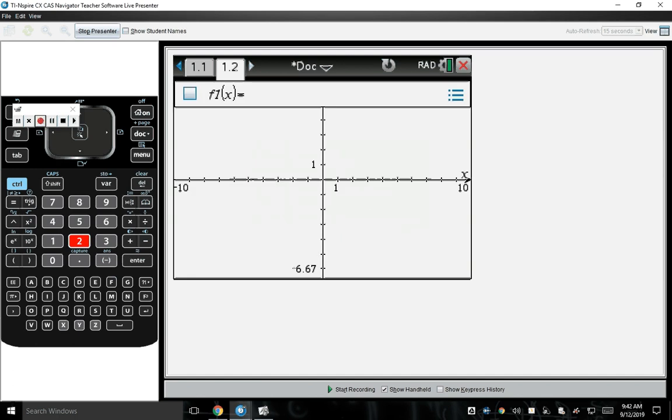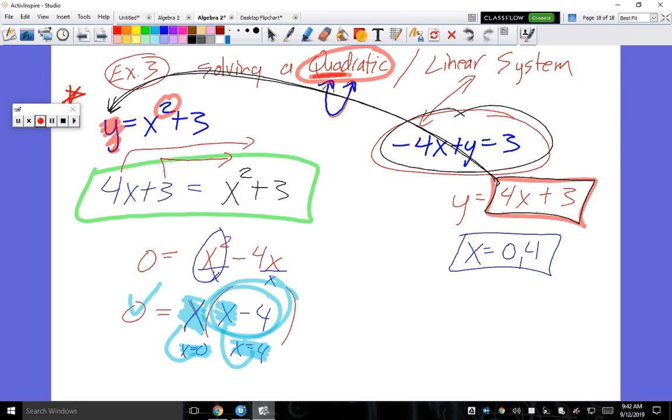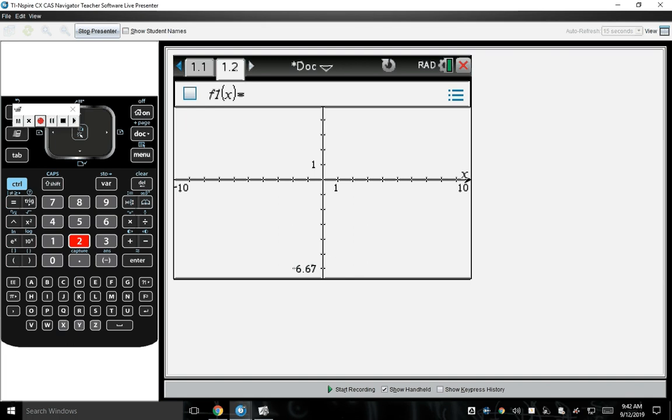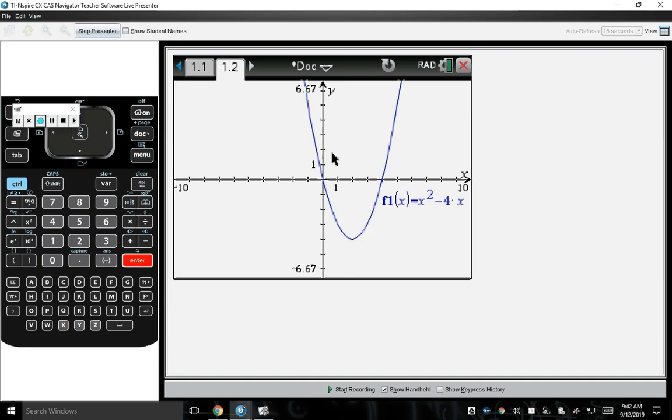Whenever I got that equation that was all by itself, it said x squared minus 4x. Okay? So if I come over here and put x squared minus 4x and graph it, you'll see that it crosses the x-axis at 0 and at 4.